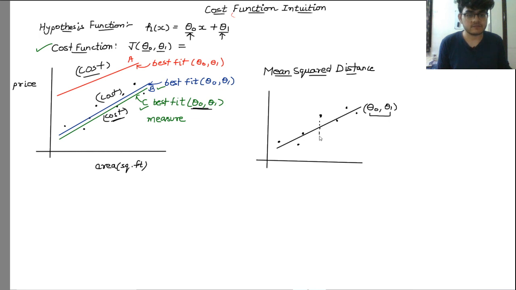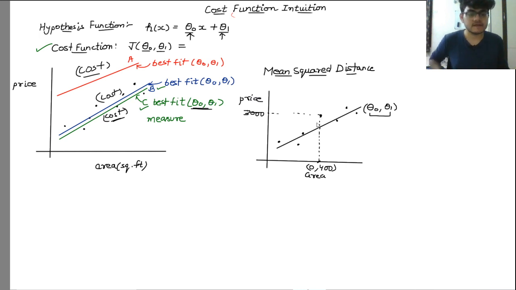You can see that this point has a projection on this axis, so this is our area. Let's suppose this is exactly, let's say 400. So x is 0, so 0 comma 400 is this point. And on the y-axis, which is the price, let's say it has a value 3000.